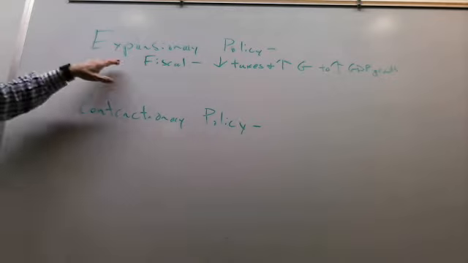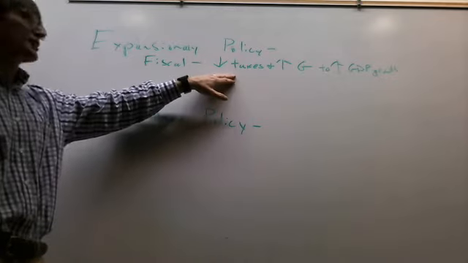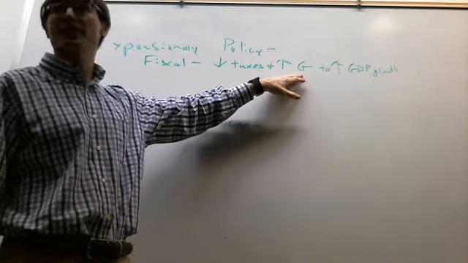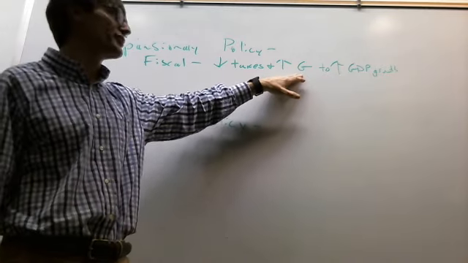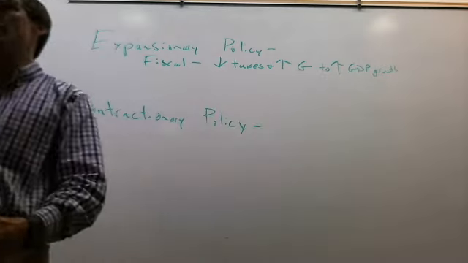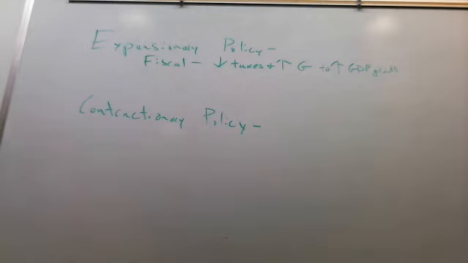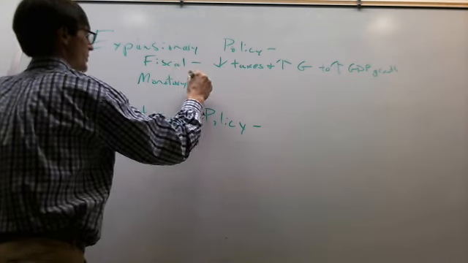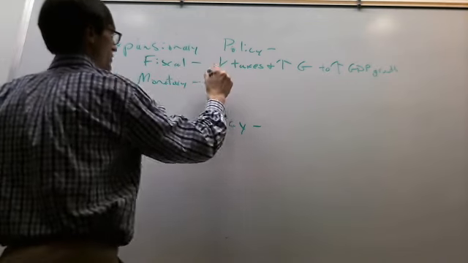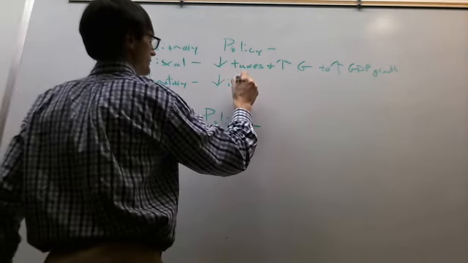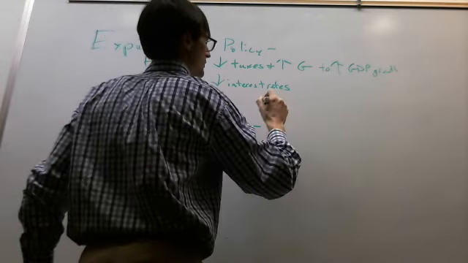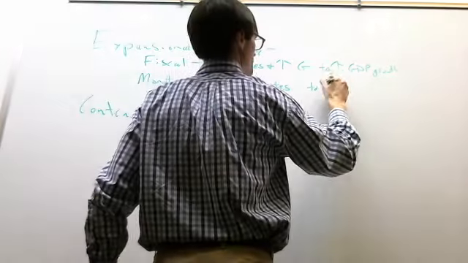On the fiscal side, you would want to increase consumption by not taxing people as much, or to directly stimulate the economy by going out and buying a bunch of B-52 bombers with the goal of making the economy grow. On the monetary policy side, we would want to lower interest rates to increase GDP growth.